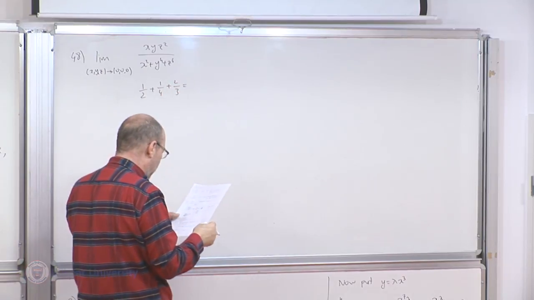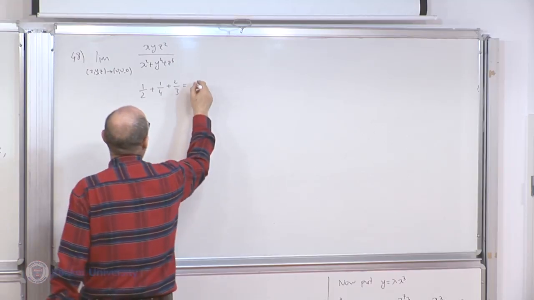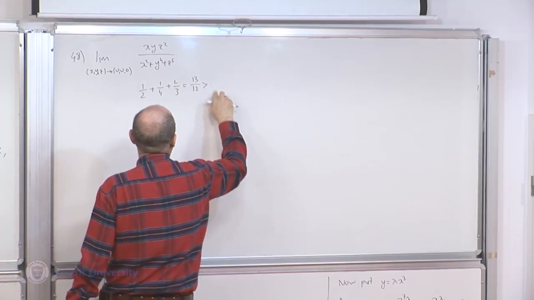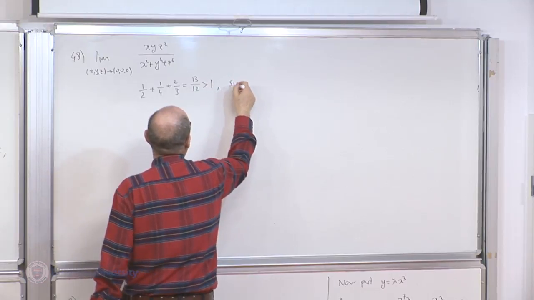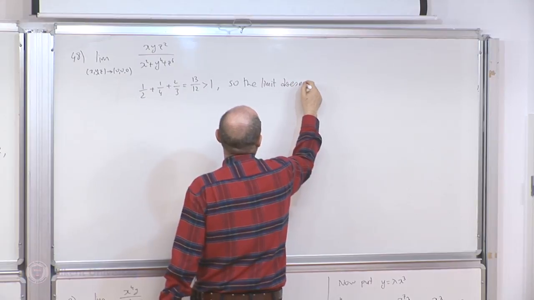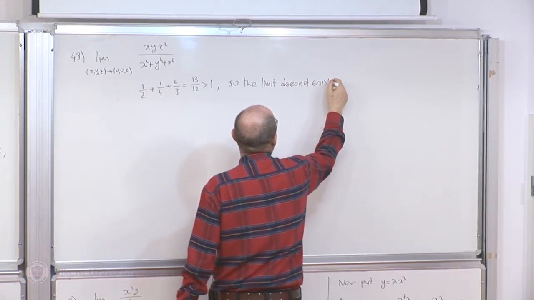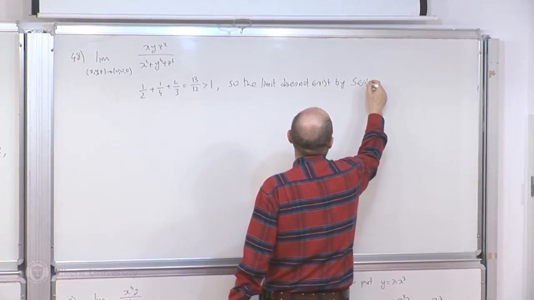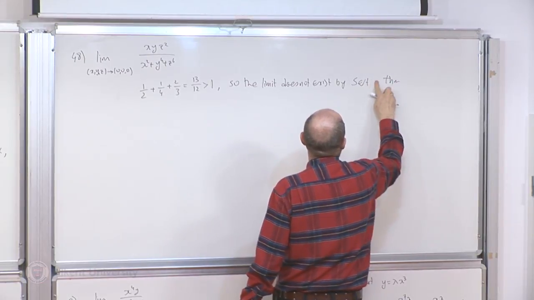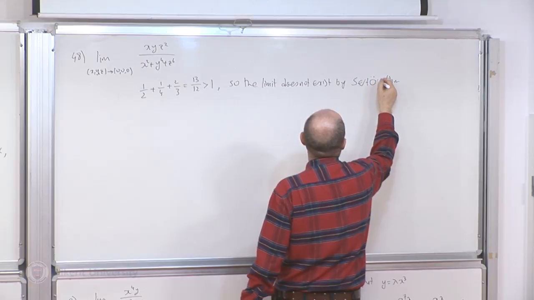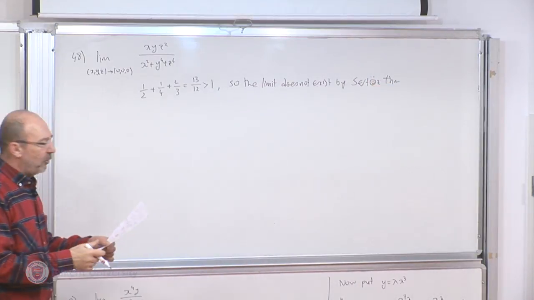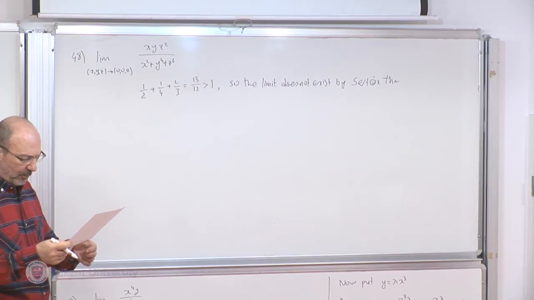I think I calculated this, so let me check this so that I don't make an error. So this is larger than 1. So the limit does not exist by Sartor's theorem. Okay, so let's make it like this, and let's put a smiling face there so we make clear that we are having fun.